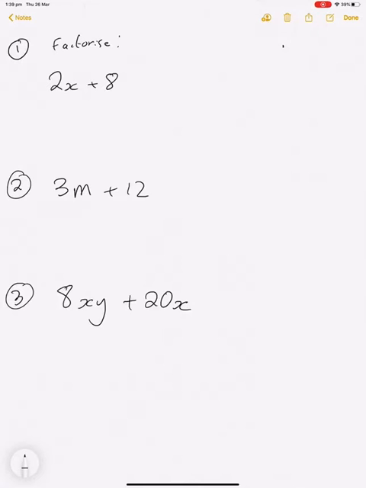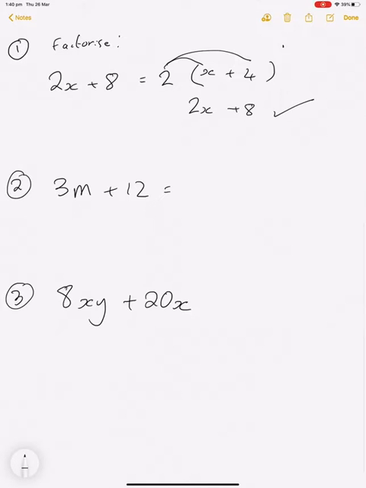The first part was to find the highest common factor of 2x and 8. The highest common factor is 2, and we write that outside the bracket and divide each term by 2. 2x divided by 2 is x, and 8 divided by 2 is 4. We can expand out to see if that's correct: 2x plus 8.